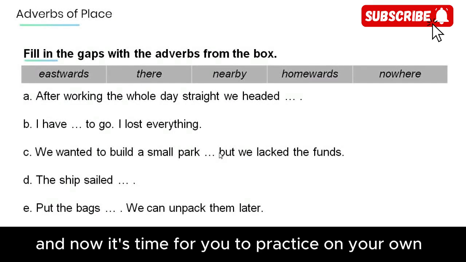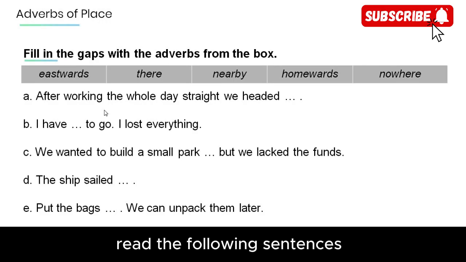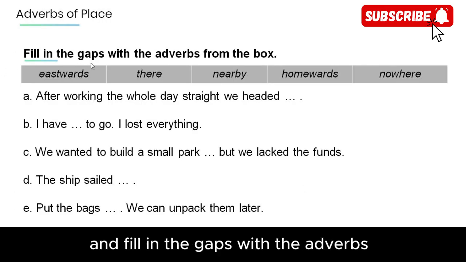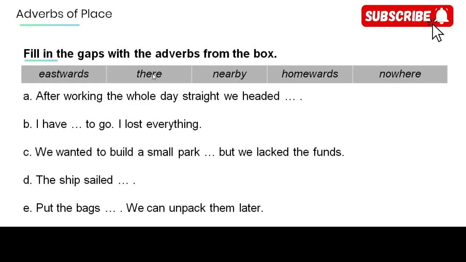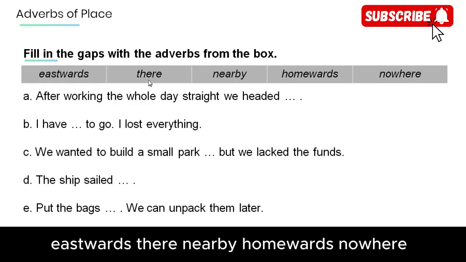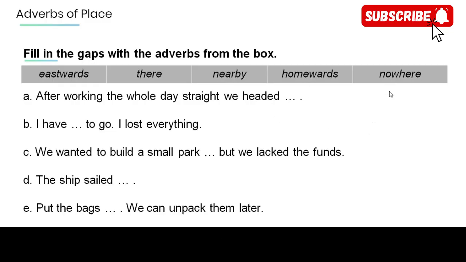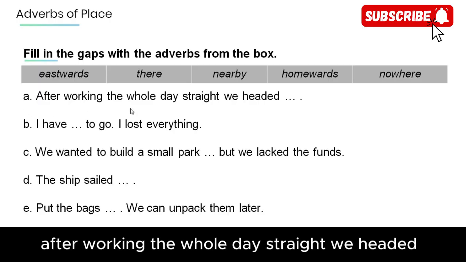And now it's time for you to practice on your own. Read the following sentences and fill in the gaps with the adverbs from the box. Eastwards, there, nearby, homewards, nowhere. A. After working the whole day straight, we headed.